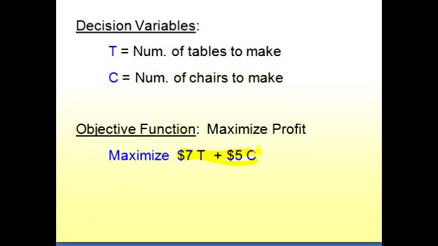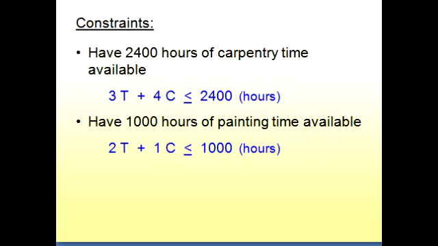How do we maximize that profit there? In other words, how many tables do we make and how many chairs do we make? These are the decision variables in order to maximize the profit here. So how many tables and how many chairs do we make in order to maximize the profit?